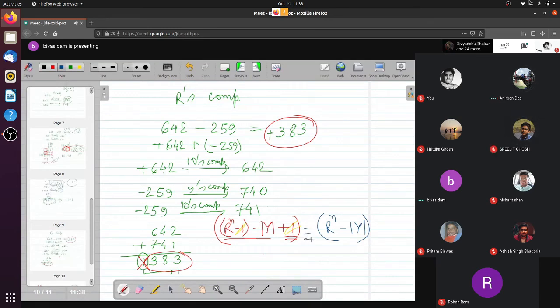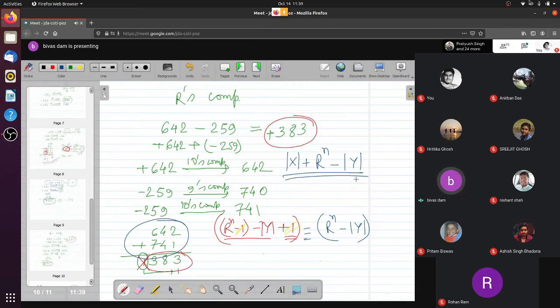With that, what you are doing is adding mod x plus R to the power n minus mod y. That is the thing you are doing by this operation, when you are adding the R complement of mod x, that is mod x, with the R complement of minus mod y. Remember, I have considered x to be positive and y to be negative.